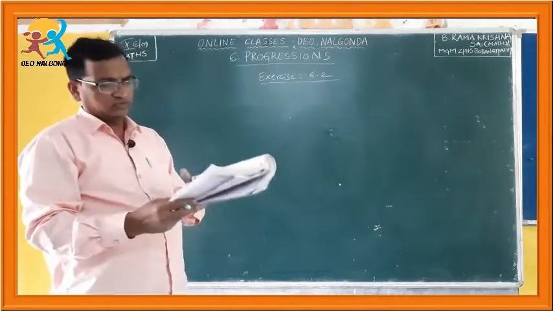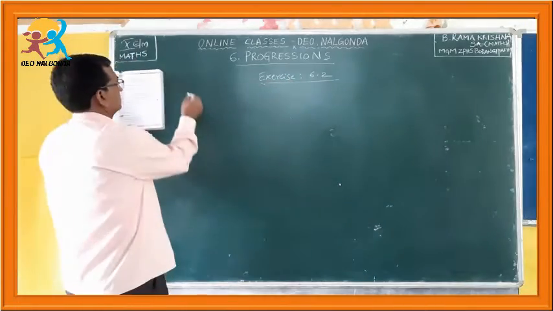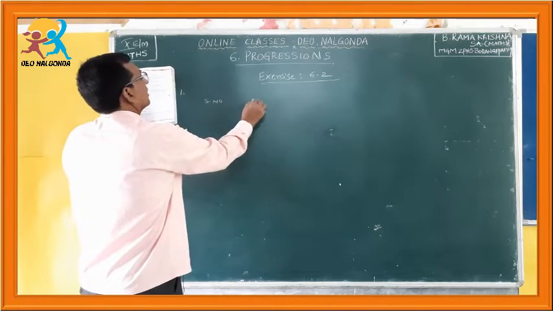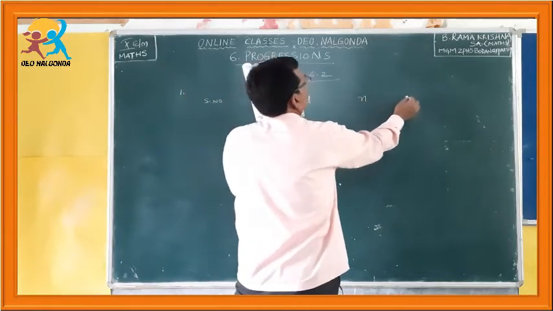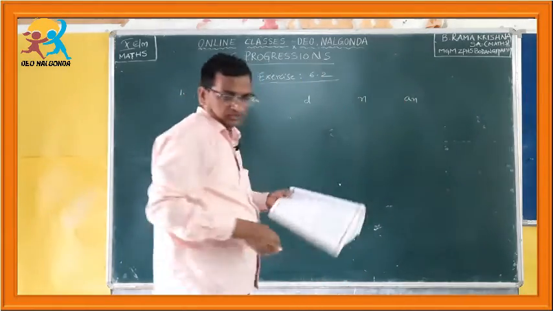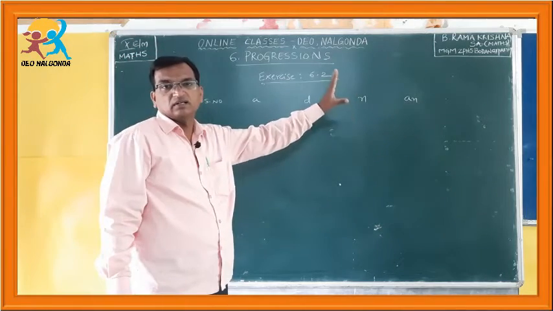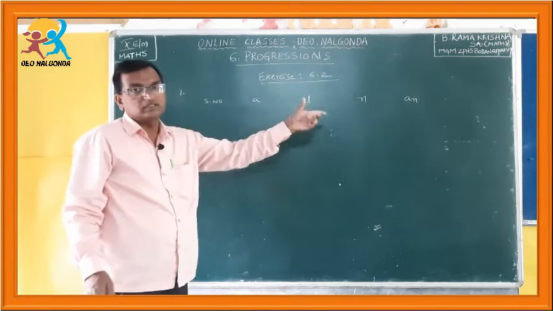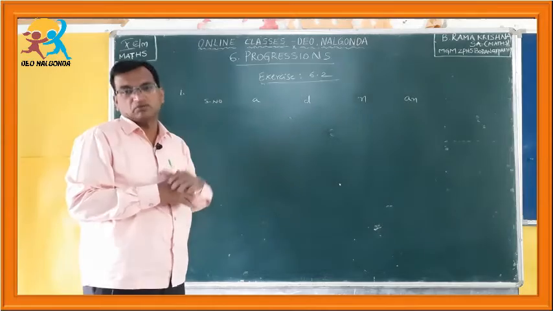In exercise 6.2, the first question, a table is given: serial number, A, D, N, An. I told you, these are all the things involved in the nth term. Out of these four unknown things, some of them will be given and the remaining you have to find out.